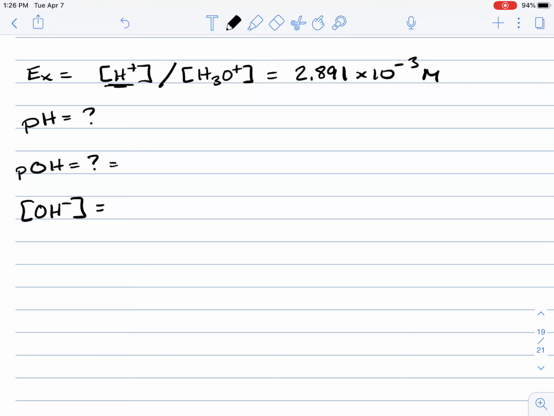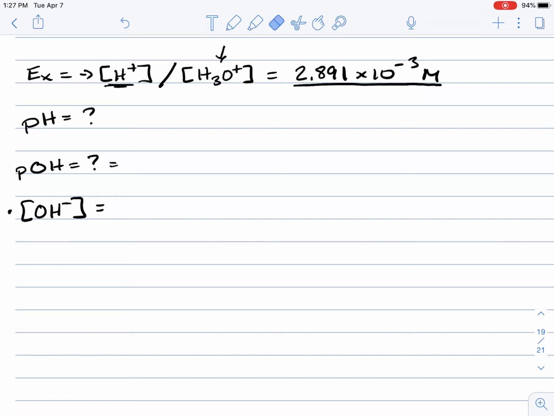If the problem had mentioned that the concentration of hydrogen ion, or the concentration of hydronium ion, is equal to 2.891 times 10 to the negative 3 molar, this question is going to ask us to determine the pH, the pOH, and the concentration of hydroxide ion.